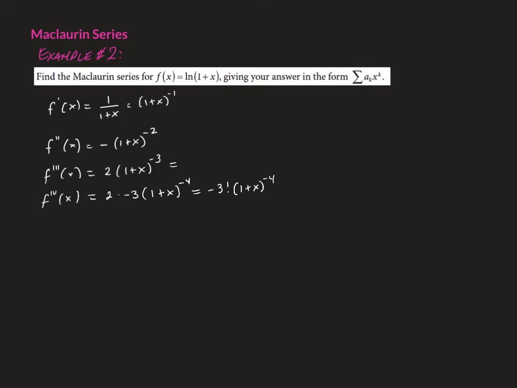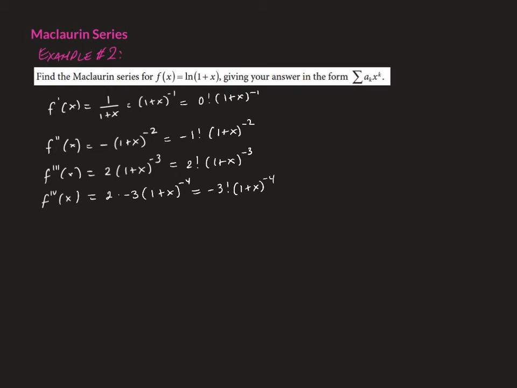And with that in mind, 2 times 1 in the third derivative, I can write as 2 factorial times 1 plus x to the power of minus 3. For the second derivative, I can write minus 1 factorial times 1 plus x to the power of minus 2. And for the first derivative, 0 factorial times 1 plus x to the power of minus 1.